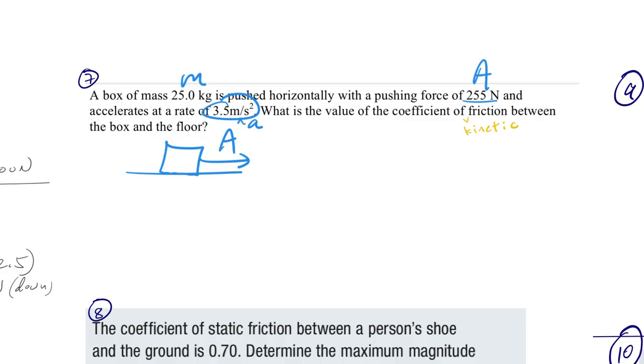Okay, so we got weight, we got normal force, but they balance out. The normal force and the weight balance out because it's not accelerating up or down. And since they're talking about friction, there must be some friction here.